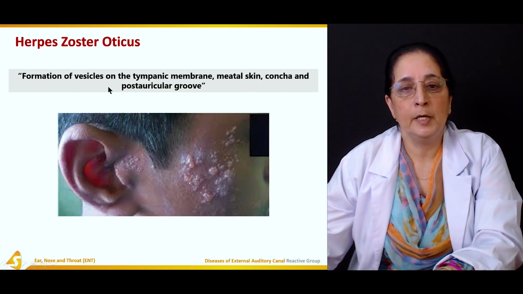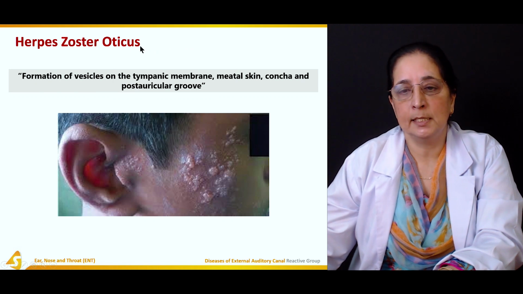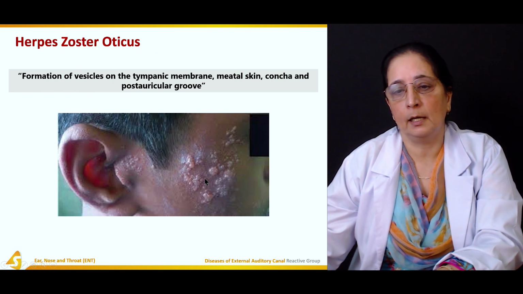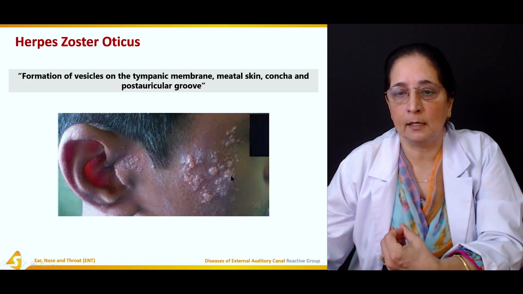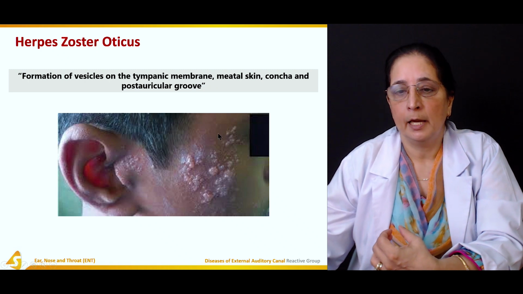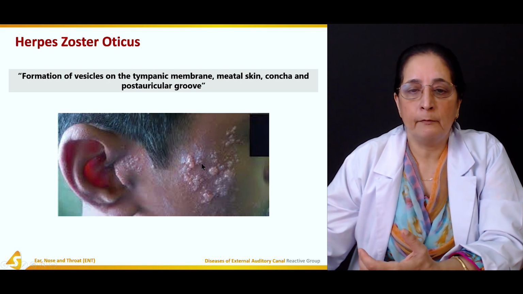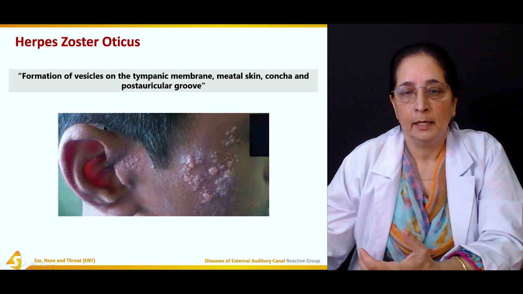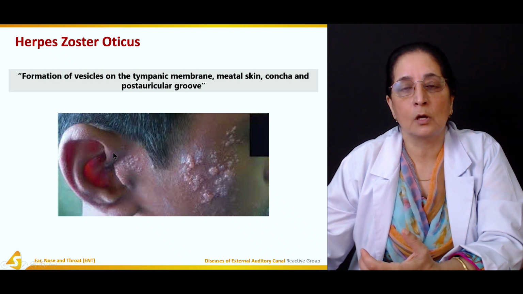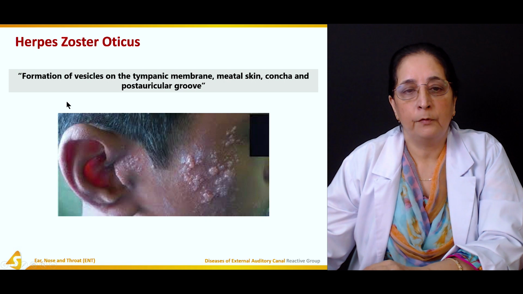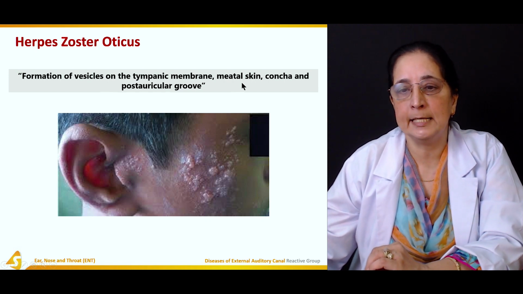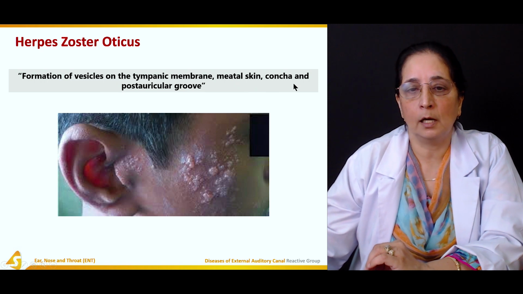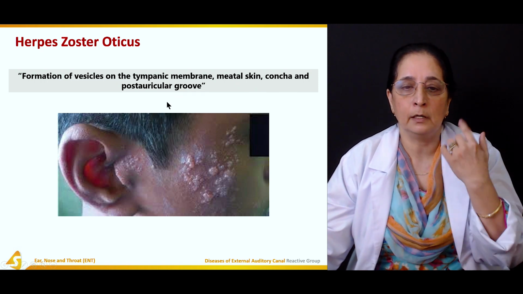Then herpes zoster oticus. This is a very typical presentation of herpes zoster. Vesicles are present. These are the vesicles present in herpes zoster, and when they involve the ear, it's known as herpes zoster oticus. There is formation of vesicles on the tympanic membrane, meatal skin, concha, and post-auricular groove.